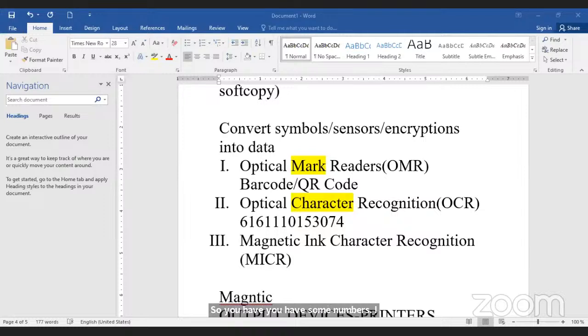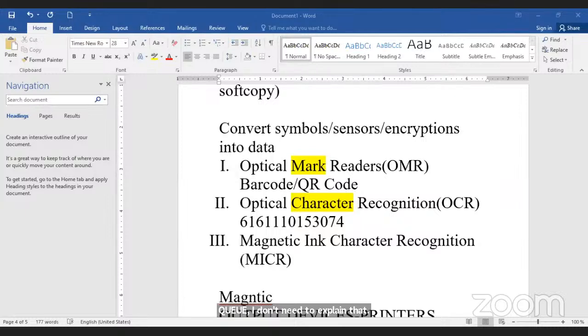Those are characters that, when you enter them into the computer or scan them, the computer can easily decode which information they are carrying. So an optical mark reader uses barcodes or QR codes. I don't need to explain that.